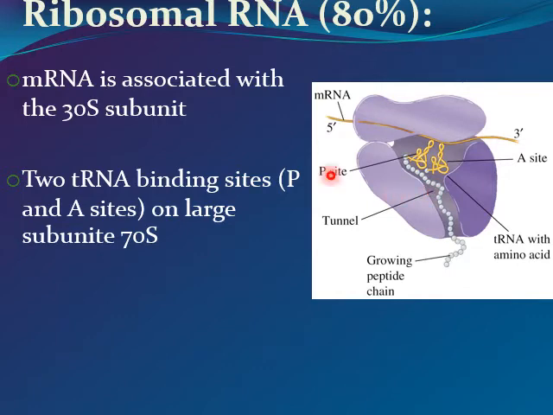The first site is the P site. The P site holds the tRNA carrying the growing polypeptide chain. Another site, the A site, holds a tRNA carrying the next amino acid to be added to the chain.